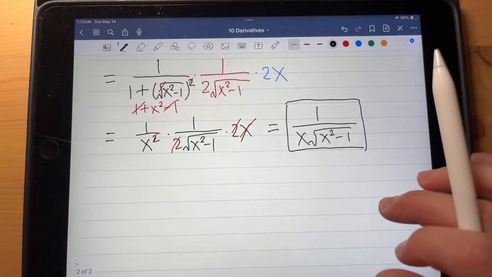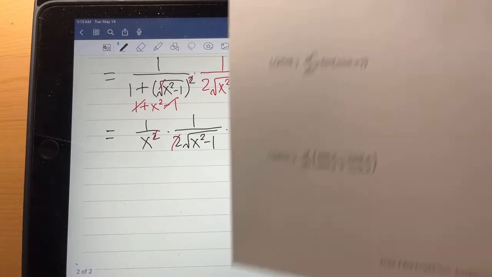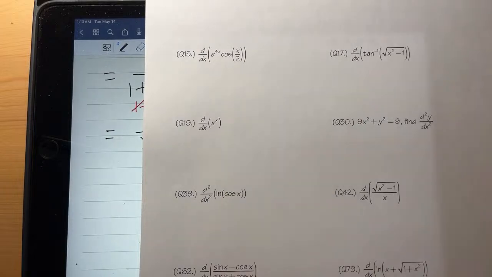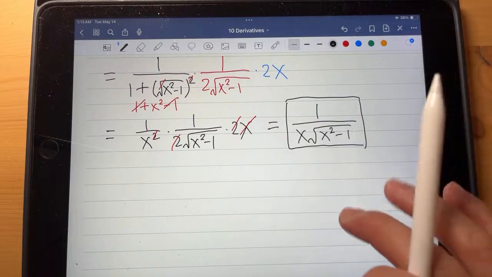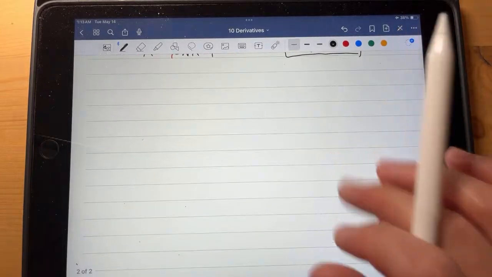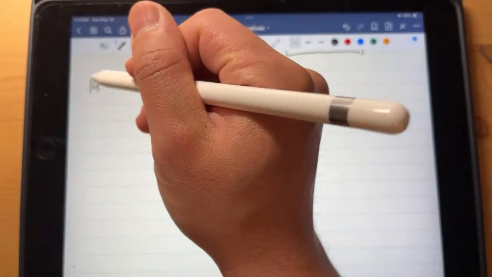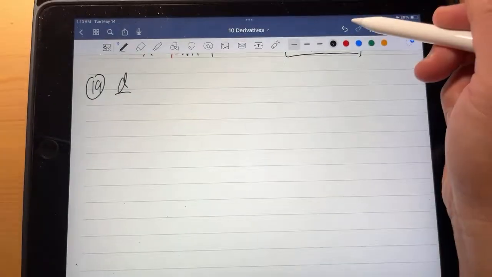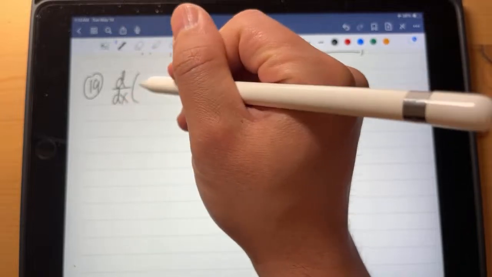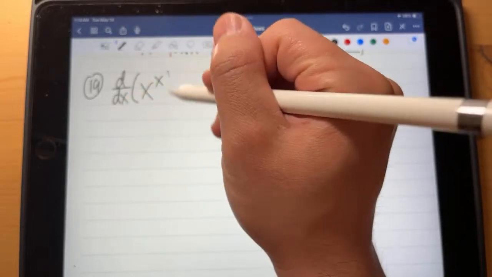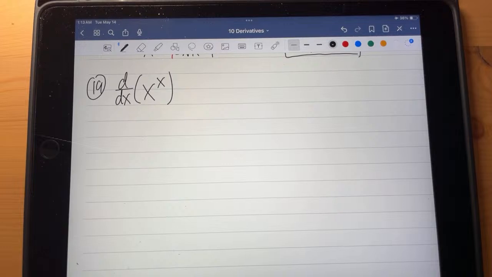Now, next one, I prepared one of my favorite ones, number 19, x to the x power. So, number 19, let's differentiate, oh sorry, that's a horrible looking d. There we go, much better. x to the x power. Ready?